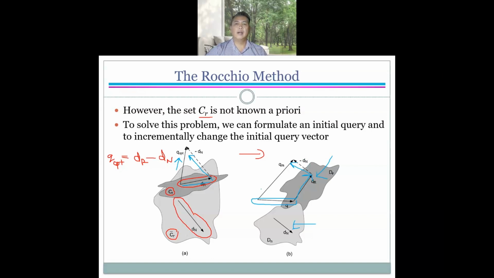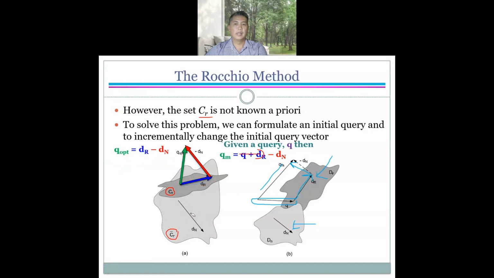So this is what we call the modified query. Okay, so we have the formula here, and let me erase that one. Okay, so they have all the colors here. So the green one is your modified query.